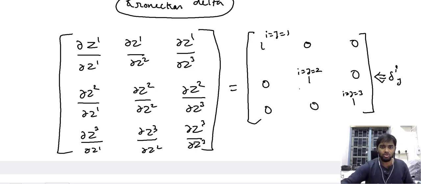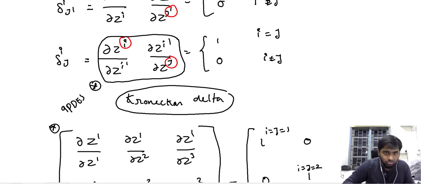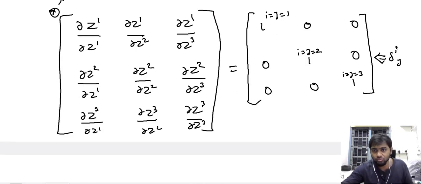So again, this expression here and this expression here both consider the set of 9 PDEs, and one yields the Kronecker delta, the other yields the identity matrix. Therefore we are relating these two, and when we relate them, we find that the i here represents the row of our matrix, whereas the j represents the column.